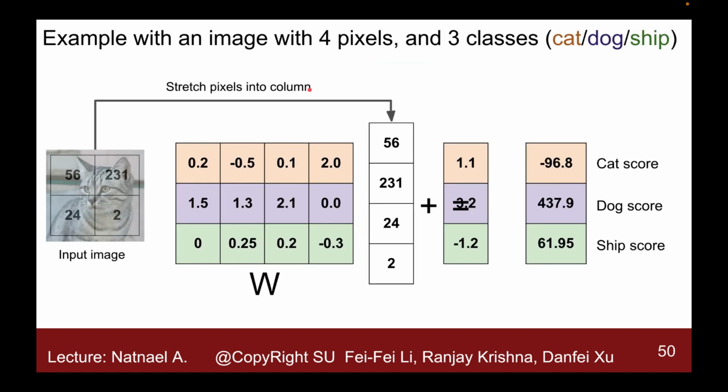So here, for instance, assume we have a 4-pixel image, which is a 2 by 2 image.